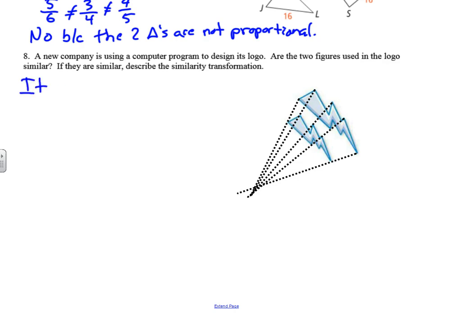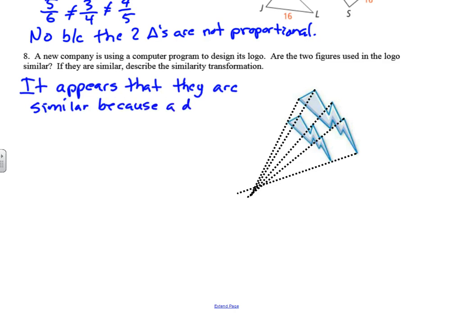It appears that they are similar because a dilation will map one onto the other.